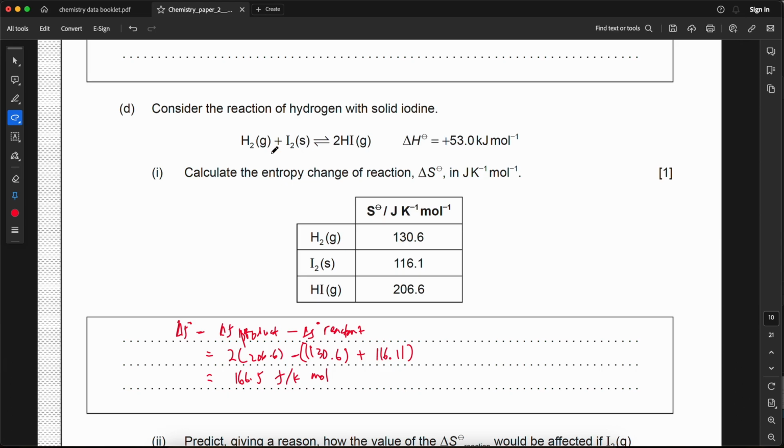So the solid and the gas: one molecule of gas and then two molecules of gas right here, therefore an increase in gas molecules. So if gas molecules increase, it will increase the entropy.